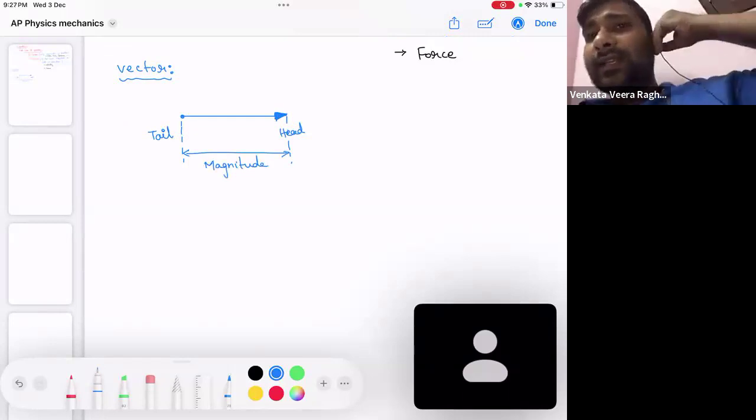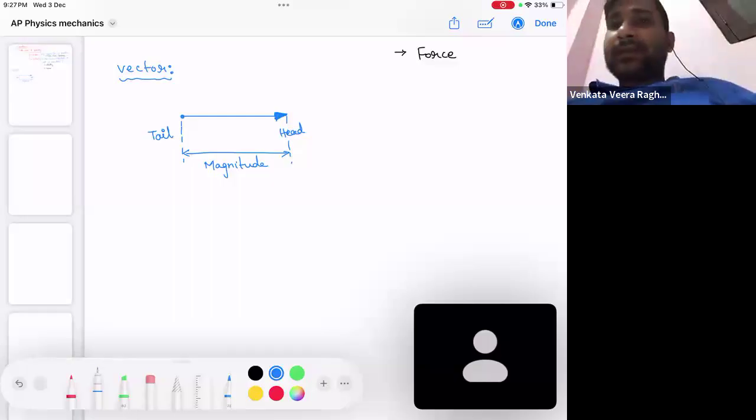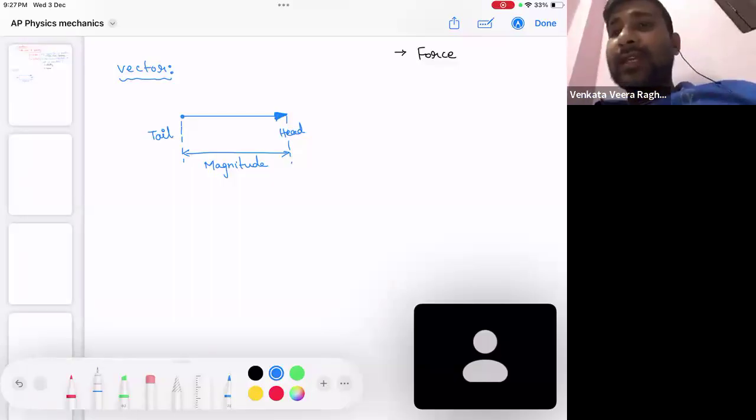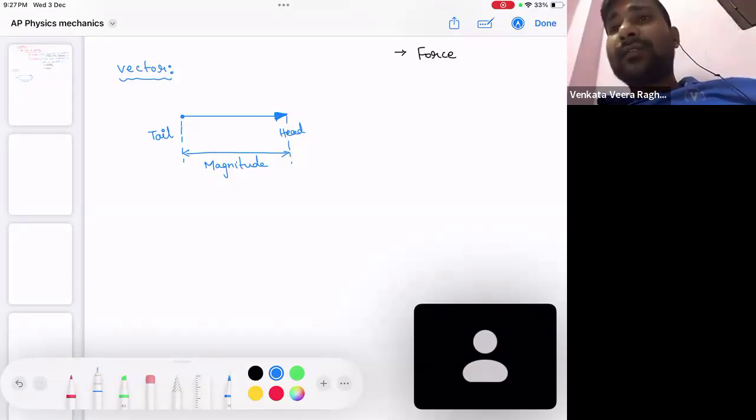What we know about a vector is that it has the magnitude as well as the direction. So the length of the vector represents magnitude, and the arrow represents the direction of the vector. Is that clear? Yes, sir.